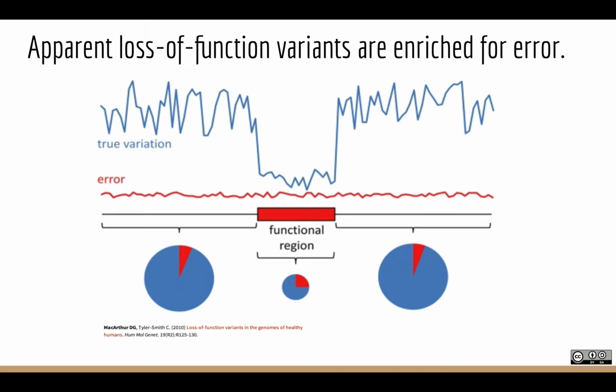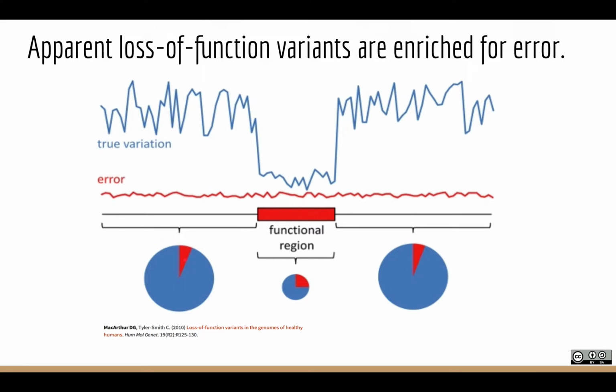Does that make sense? Because changes in, say, an intron don't have nearly the impact as they do on an exon. So when this true rate of variation declines and approaches the error rate, that means by definition that a higher fraction of the things that we think are interesting in coding sequence are actually going to be errors. So this is broken down into pie charts, and the proportion of things that are errors is represented as the red piece of the pie.